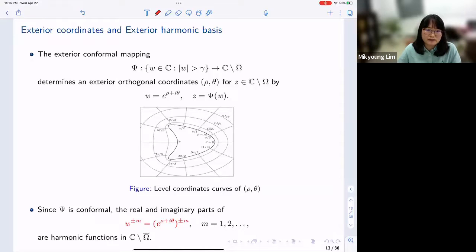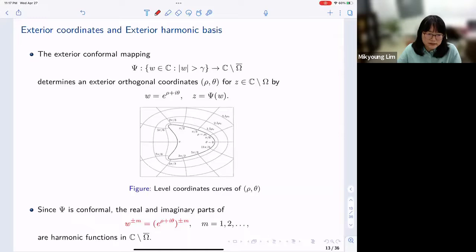So you may understand it as a modified polar coordinate. For the case omega is a disk, then this coordinate is just the polar coordinate. And the figure shows that the level coordinate curves of rho and theta are orthogonal. So the conformality of psi gives this orthogonality for the coordinate.